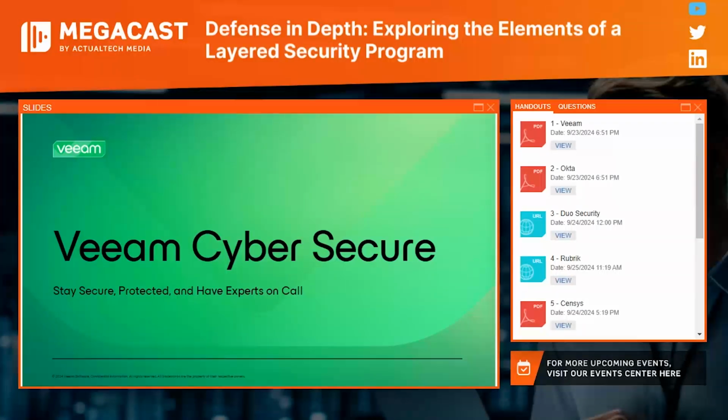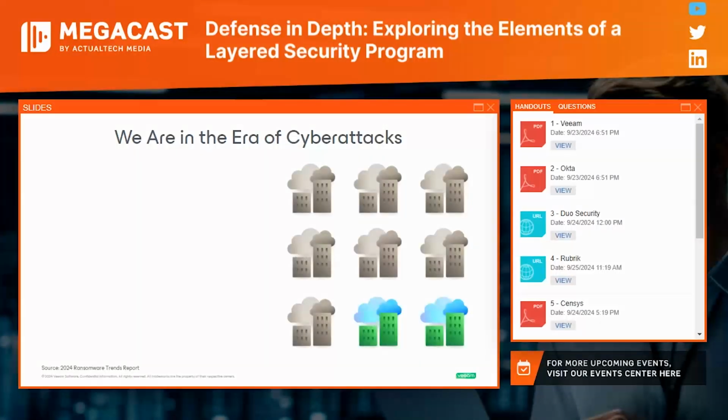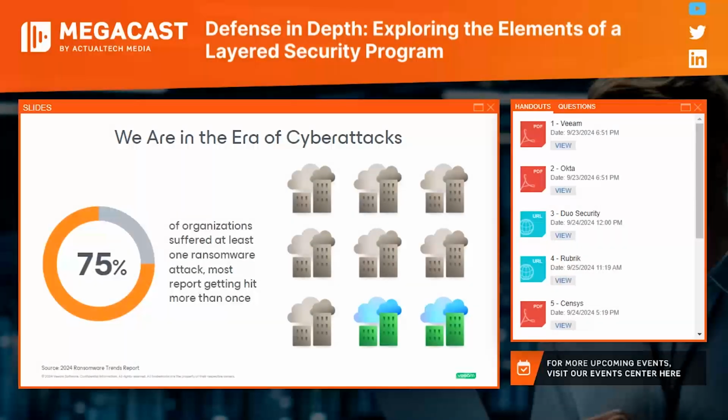So to start here, talking about Veeam's cyber secure offering, it's information that we have from industry reports. Every year we run a big survey, over 1,200 respondents, and the last one we call the 2024 Ransomware Trends Report.